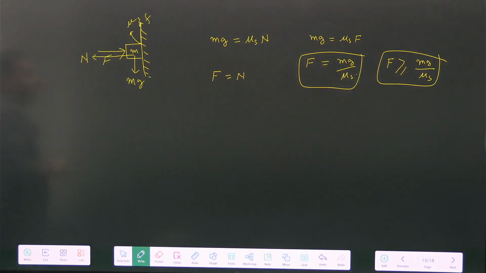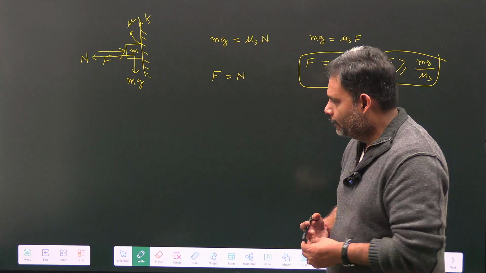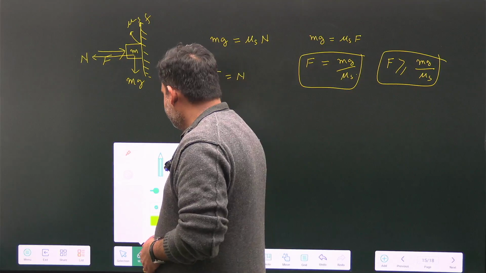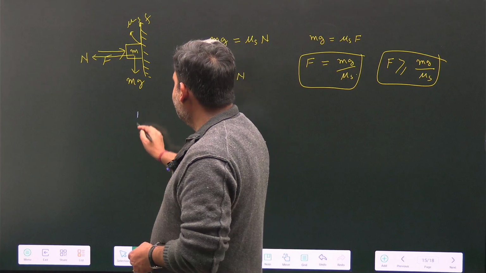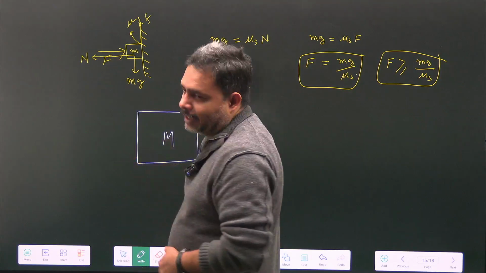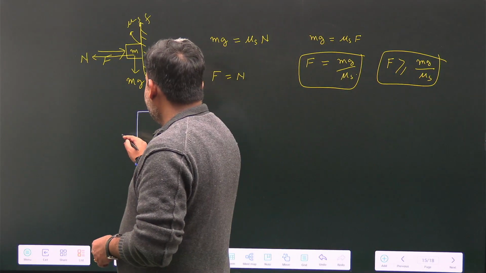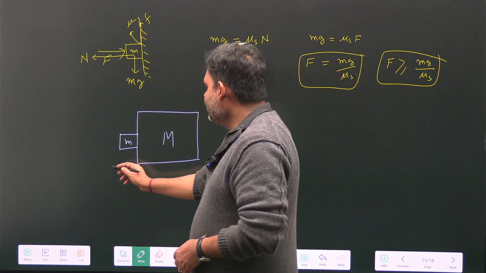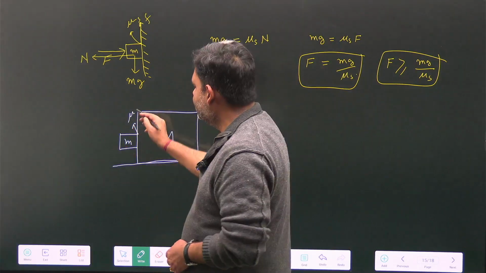Okay. Now let's try to do the next problem, which is very interesting. I have a very interesting arrangement. Now instead of this particular wall, I have a block, and this block has capital mass M. There is a small block m, and this surface is frictionless, and there is some coefficient of friction, that is mu s, here.